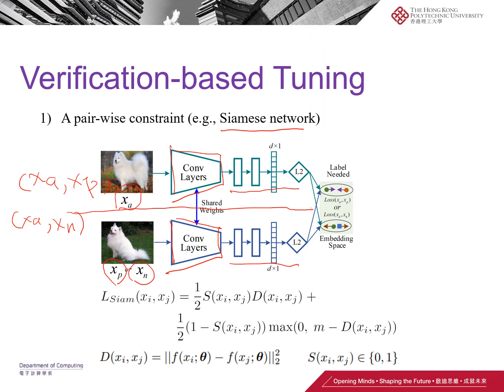When we input positive pairs, one image goes here and the other image goes here. Because they're positive, these two images are related. For example, if we're looking for dogs, if both images contain a dog, then it's a positive pair.